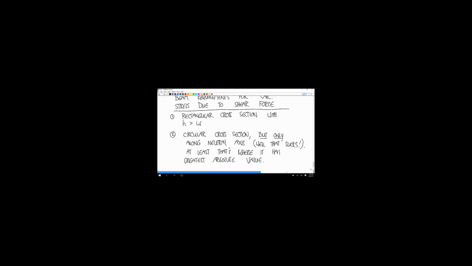And so if you're looking for beams where we're going to be able to calculate the entire stress tensor, we're going to have to take the intersection of all of these requirements.